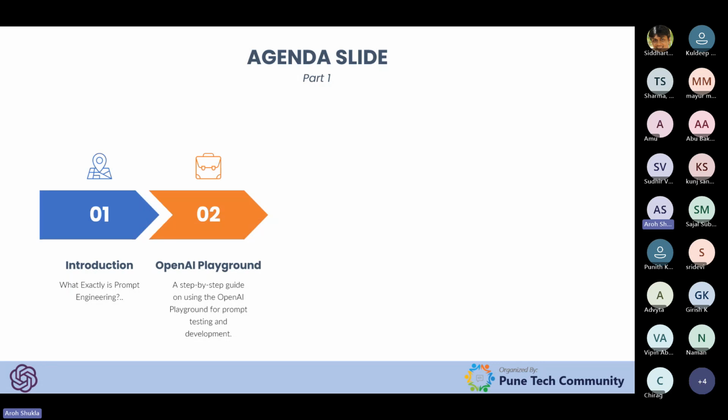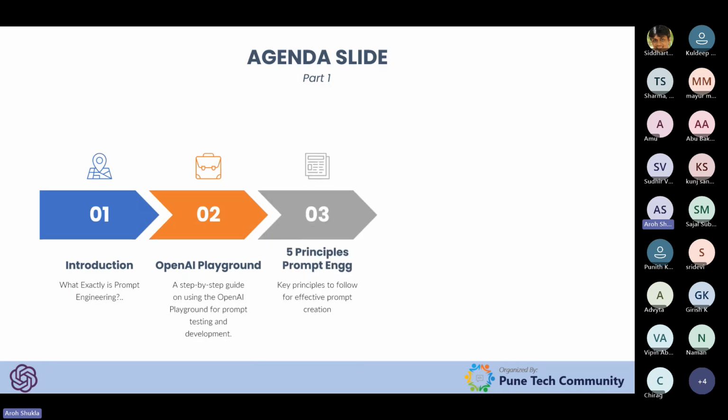I'll share what the OpenAI Playground is, and then we talk about the 5 principles of prompt engineering. These principles will be there forever, as long as you are alive. It's very important that these concepts are always ready and always there. The new things that come, like new models, keep changing, but principles never change.